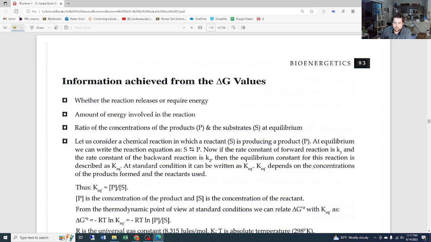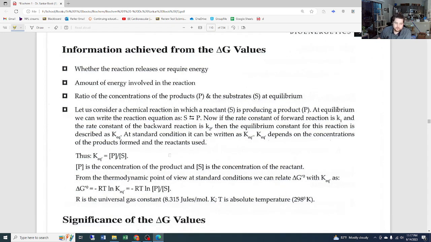KEQ depends on the concentrations of the products formed and the reactants used. Thus, KEQ equals the concentration. Remember, these brackets represent concentration. So the concentration of the products divided by the concentration of the reactants.